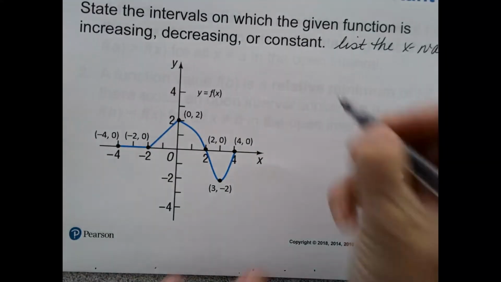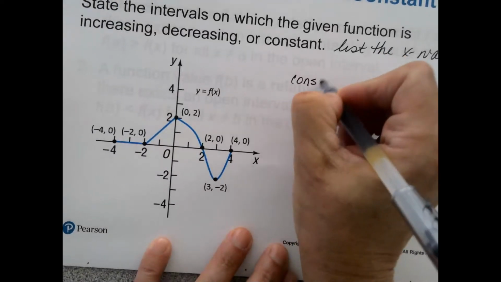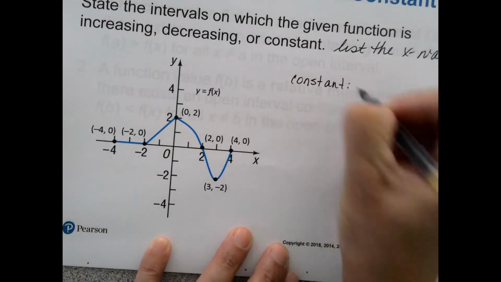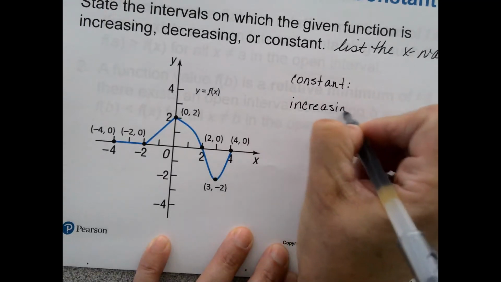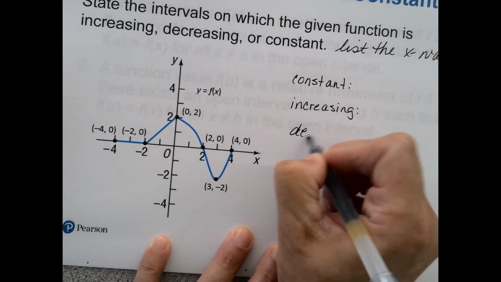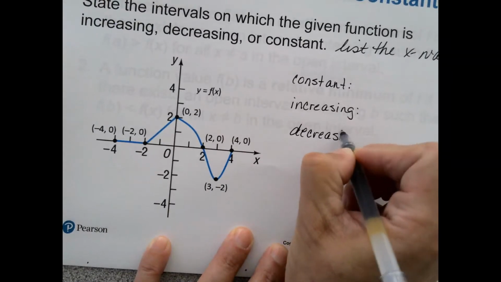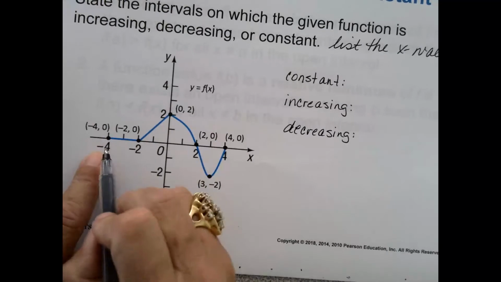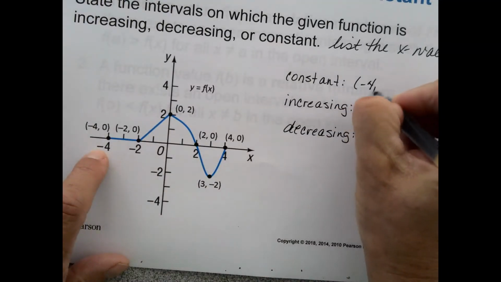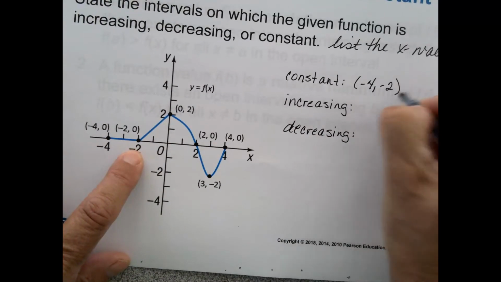And so we're going to list intervals where the function is constant. We're going to list intervals where the function is increasing. And we're going to list intervals where the function is decreasing. And so our first interval, the far left interval, is constant from x starting at -4 and going to x ending at -2.